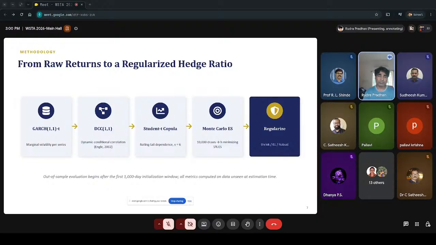And in this particular slide, we typically try to highlight the methods which we have used. So normally this is a time series econometrics framework, because one side is a financial problem, and the other side is financial econometrics. So we are trying to bring financial econometrics to this financial problem, that is, financial risk measurement.